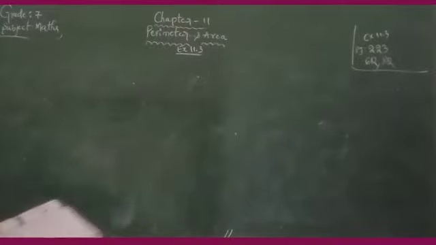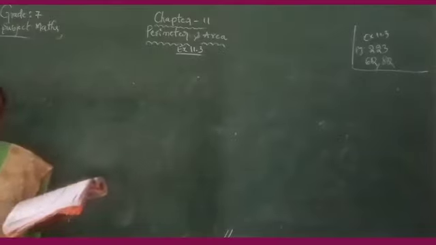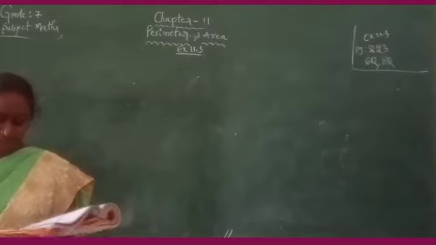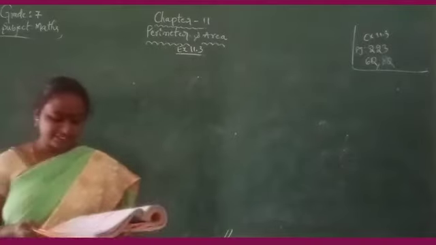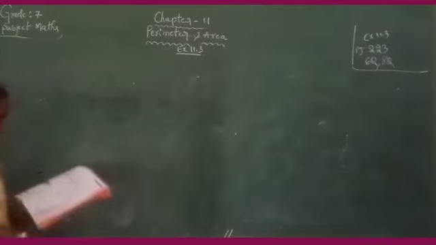See, in the 10th problem, from a circular sheet of radius 14 cm, two circles of radius 3.5 cm and a rectangle of length 3 cm and breadth 1 cm are removed as shown in the adjoining figure.